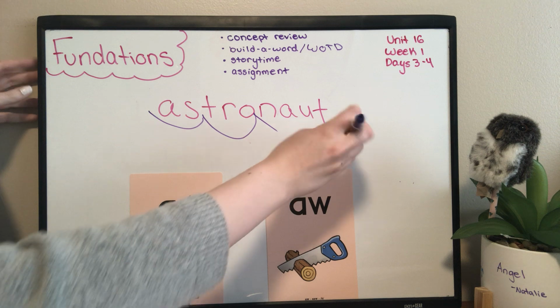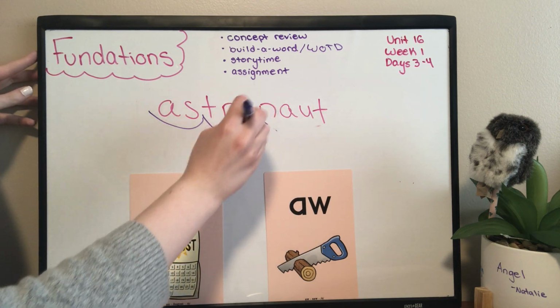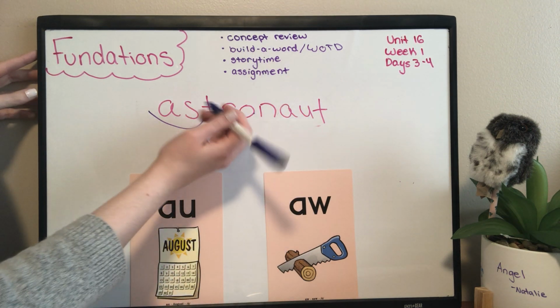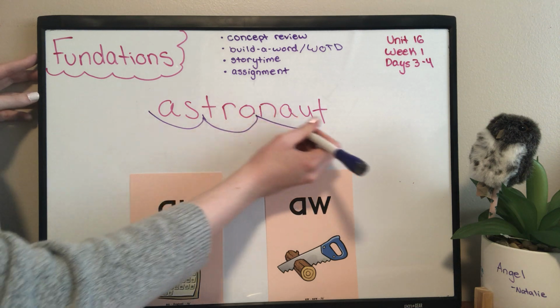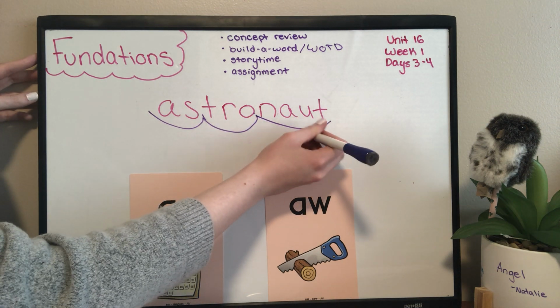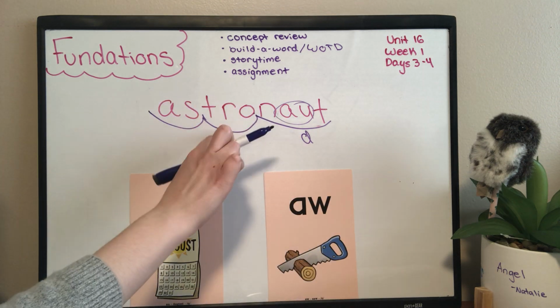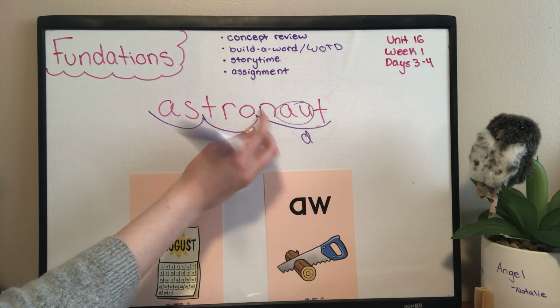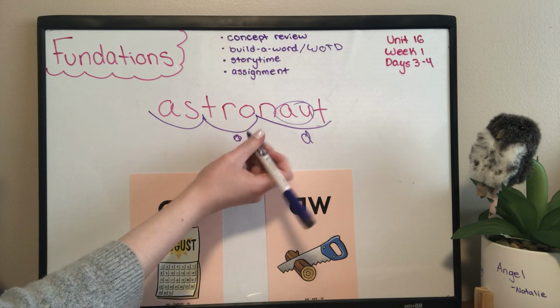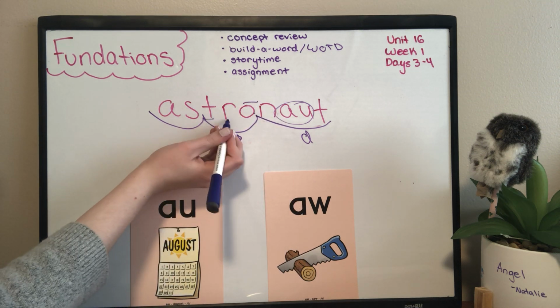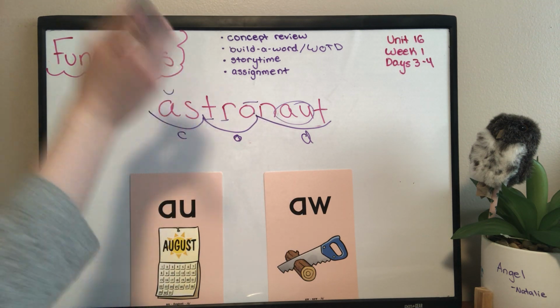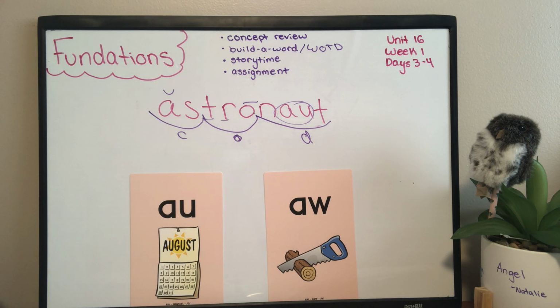We have a double vowel over here. Boom, done. Open over here because I see a vowel at the end here. O, we have a blend here, and then a closed over here. Astronaut. See? It's not so hard.